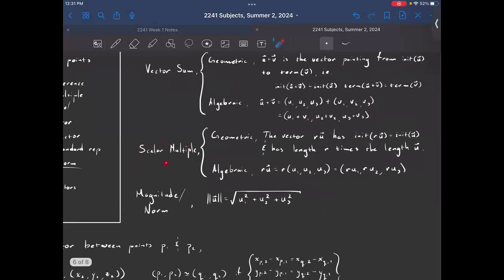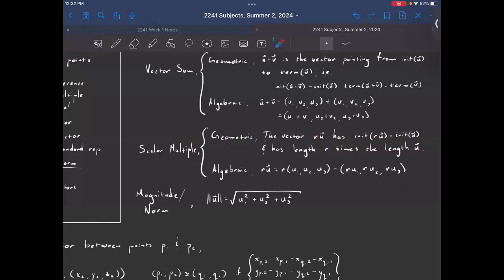All right, now we're talking about scalar multiples. We have the geometric version. So r times u has the initial point that's the same as u, but has length r times the length of u. And also, I forgot to mention, if r is a negative number, then we swap the direction of the vector u.